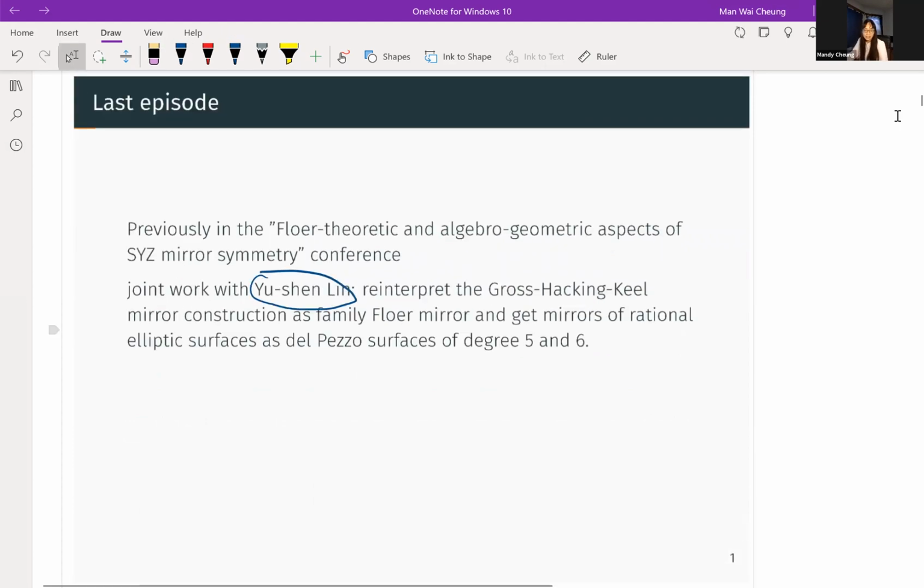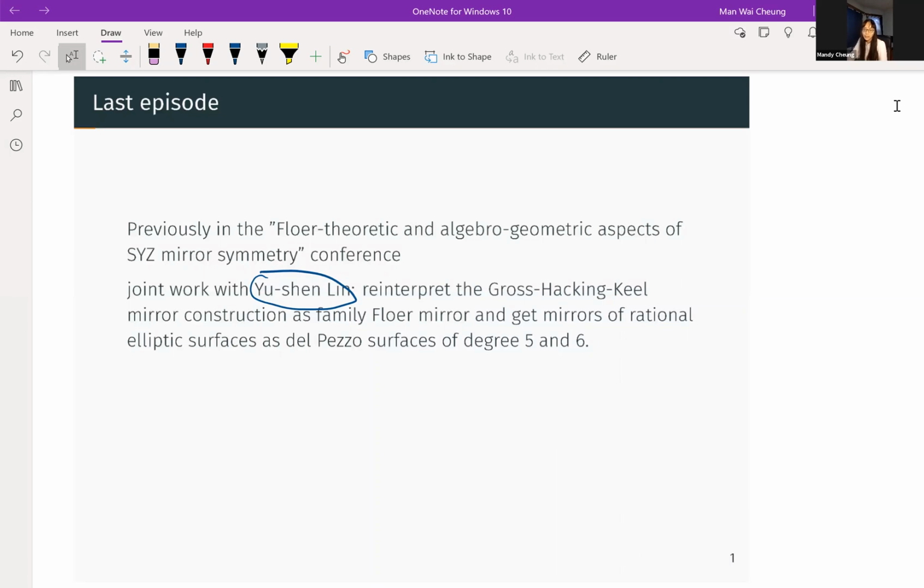At the end of the first part, I claimed that with Lucian, we interpret the Gross-Hacking-Keel mirror construction in terms of the family Floer mirror and get the mirror for rational elliptic surface as DP5 and DP6.